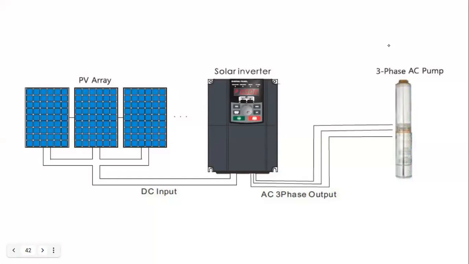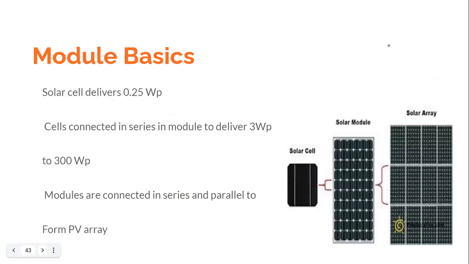If it is not an AC pump, as is seen in the case, then we need not use a solar inverter. Instead, we would use simply a solar converter or a solar controller unit. Okay. In our calculations, we can assume a certain value of efficiency for the solar inverter and then arrive at the photovoltaic array sizing.